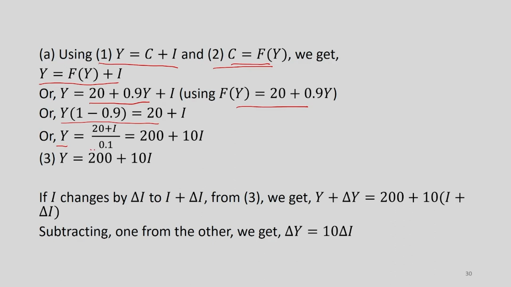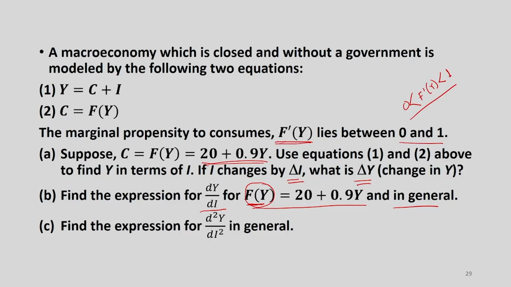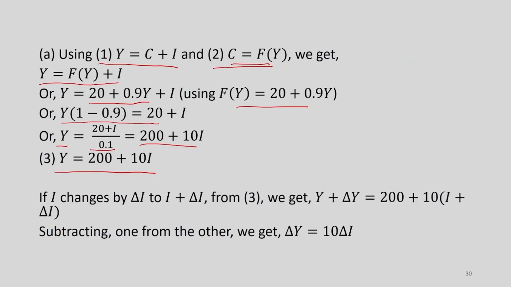So, I get 20 plus I divided by 0.1, that turns out to be 200 plus 10 I. So, y is equal to 200 plus 10 I. That was one question that was asked, to find y in terms of I. That is what we have done. Here y is the dependent variable and I is the independent variable. I have expressed y in terms of I.